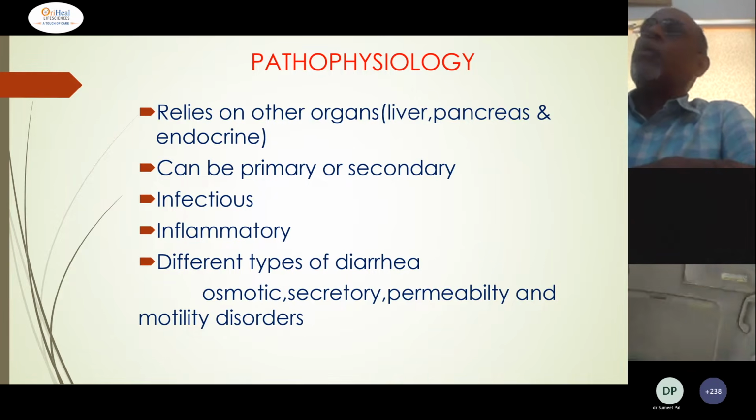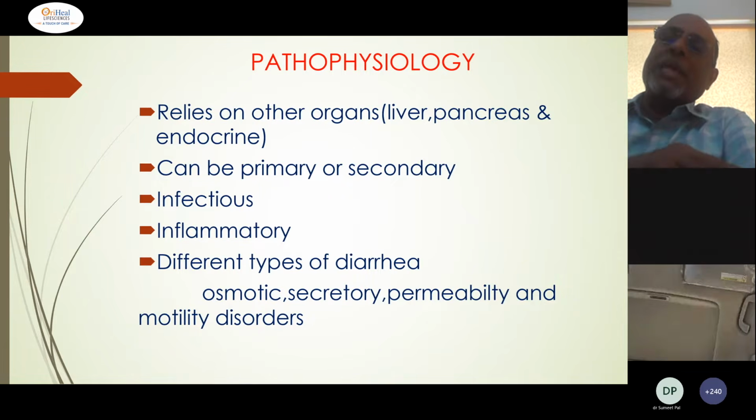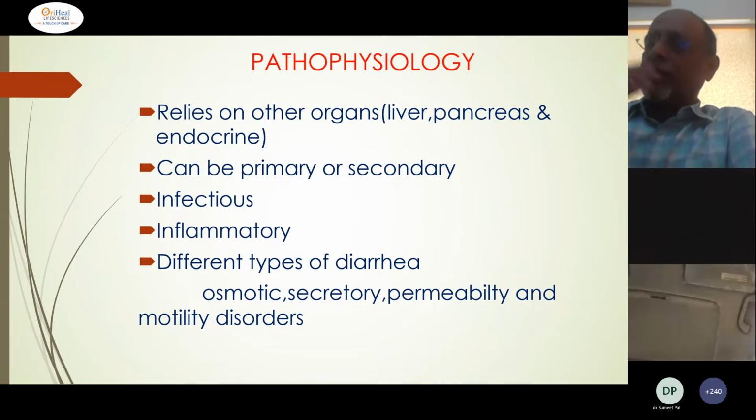And of course you have motility disorders. When it comes to motility, we have peristaltic motility, segmental contraction, and giant migrating contractions. You should definitely go back to your basics and find out what peristaltic motility, segmental contraction, and giant migrating contractions are, in order to understand the various pathophysiology going on in the system.